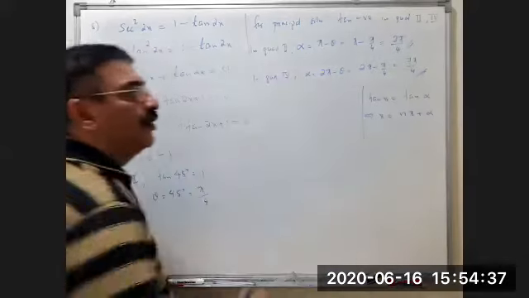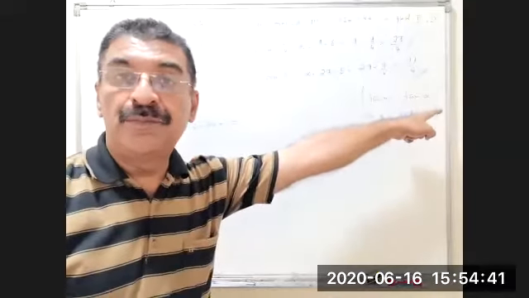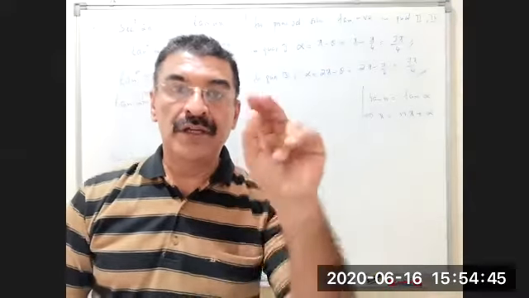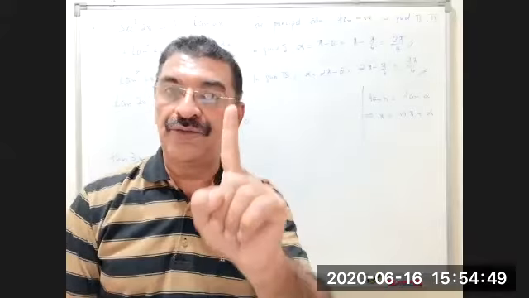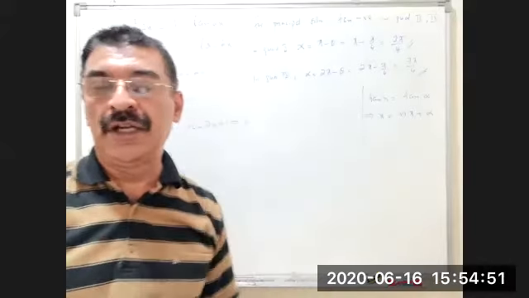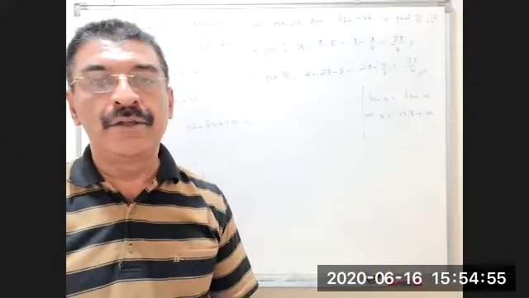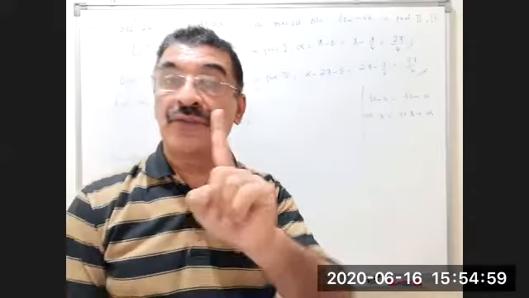Alpha stands for the principal solution. We have 2 principal solutions. For finding general solution, we make use of the first one.